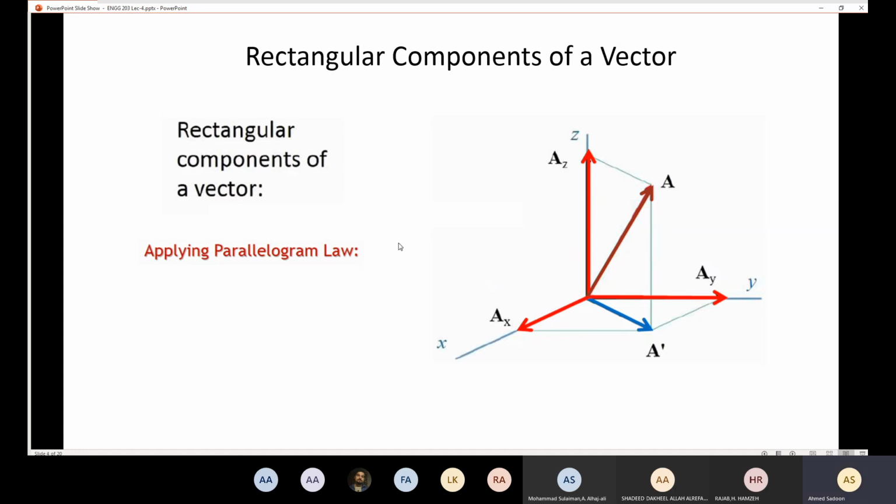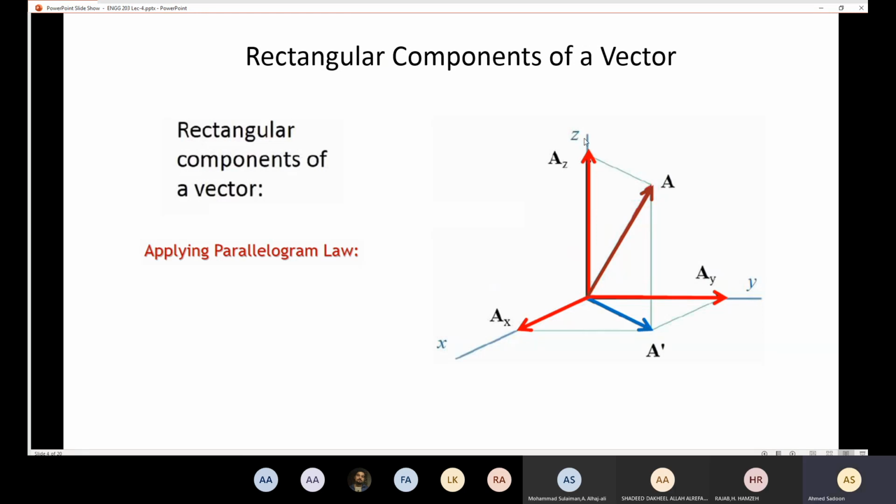So here we are going to use what we have studied in 2D regarding the parallelogram law. But this time, I'm going to do it in 2 steps. I'm going to apply the parallelogram law 2 times. First, since the vector is here, I'm going to assume that I'm dealing with X and Y. So I will assume this one is X and this one is Y, and this is a 2D plane here.